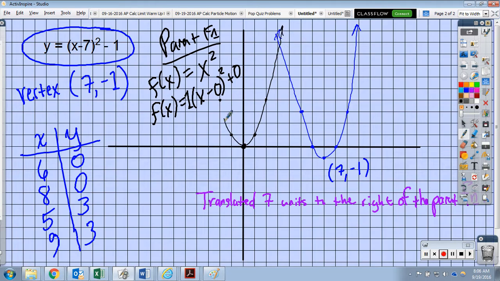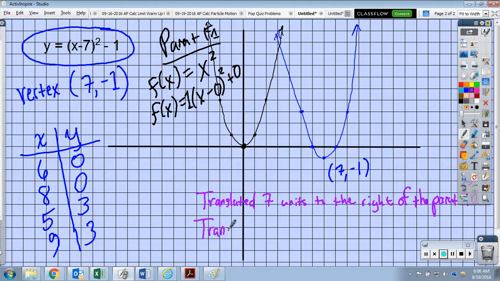This guy, and there's this guy. Sorry to draw through the thing here. All right, so we already knew there's no stretching or compression because a was 1, but now you can see it graphically. You can see translated 7 units to the right of the parent function, and if we were to describe it even further, we could also say that it is translated.